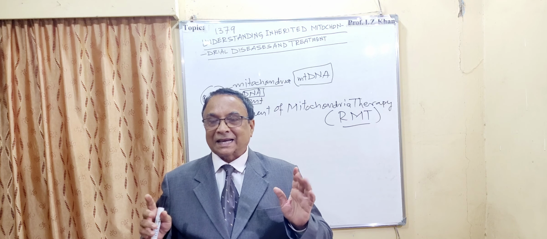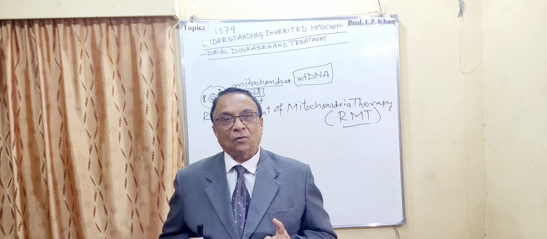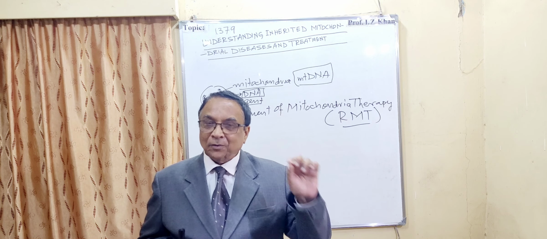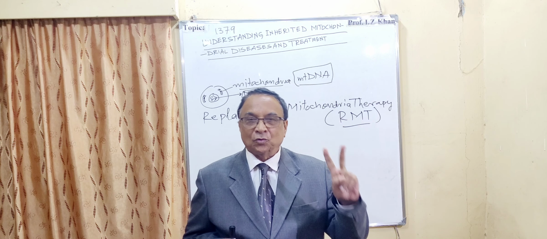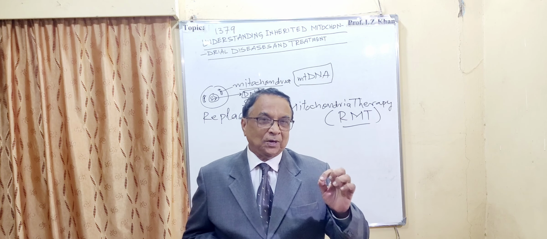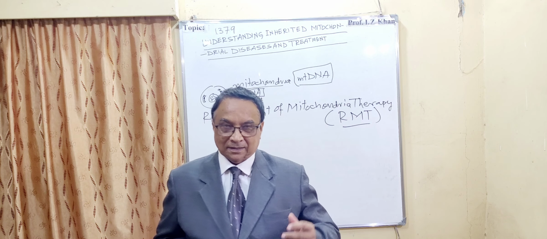So here the conditions are two. One condition is where there is one male and two females. Wherever there are one male and two females and a child is born, people will be confused that it is surrogacy.